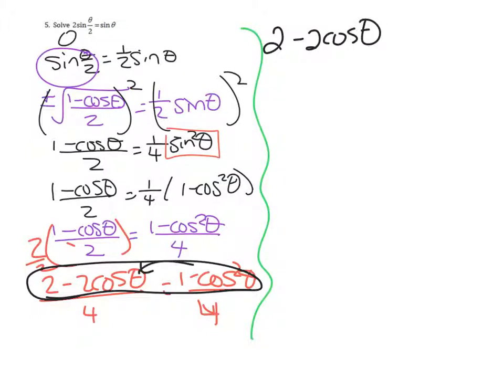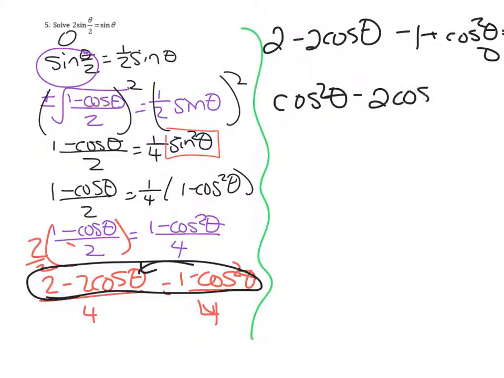We're going to move all of this to the left. Minus 1 plus cosine squared theta. So that's going to give me cosine squared theta minus 2 cosine theta, and then 2 minus 1 is 1.